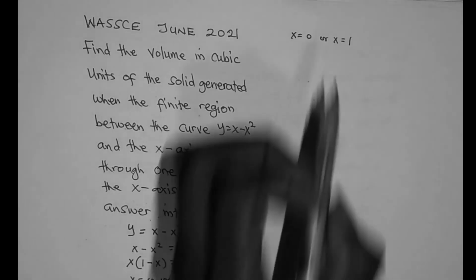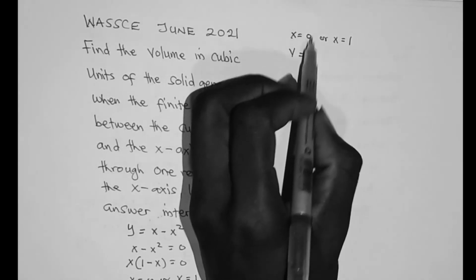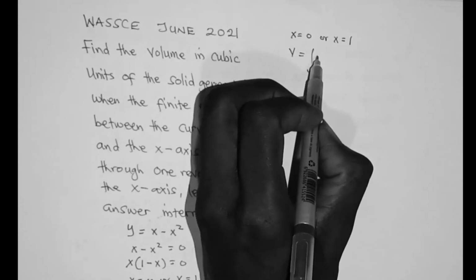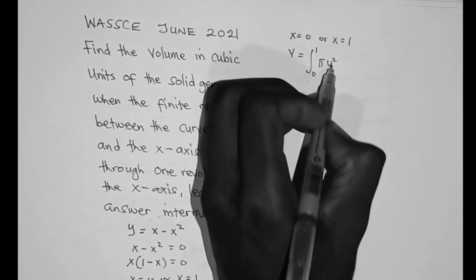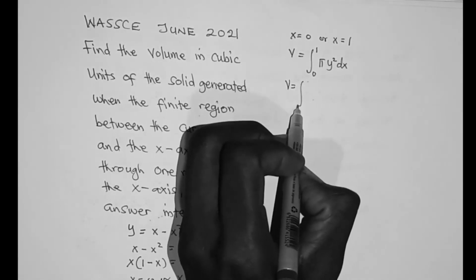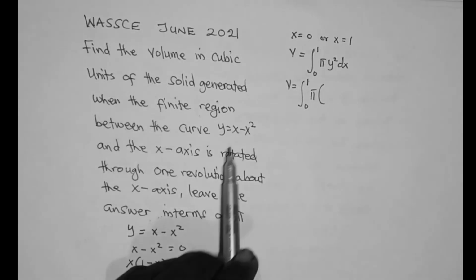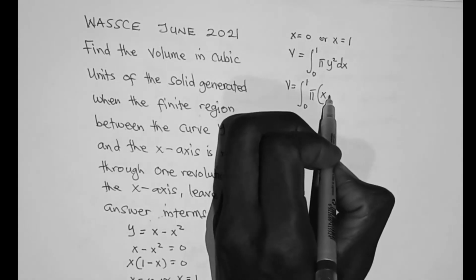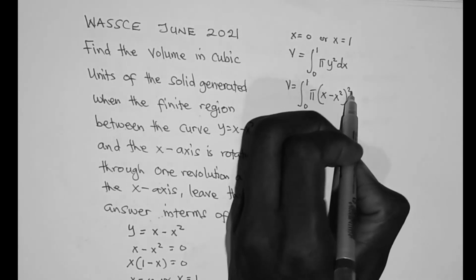So we know that the volume generated V is equal to the integral from the lower limit to the upper limit, which will be 0 to 1, of pi times y squared dx. So V is equal to the integral from 0 to 1 of pi times x minus x squared all squared dx.